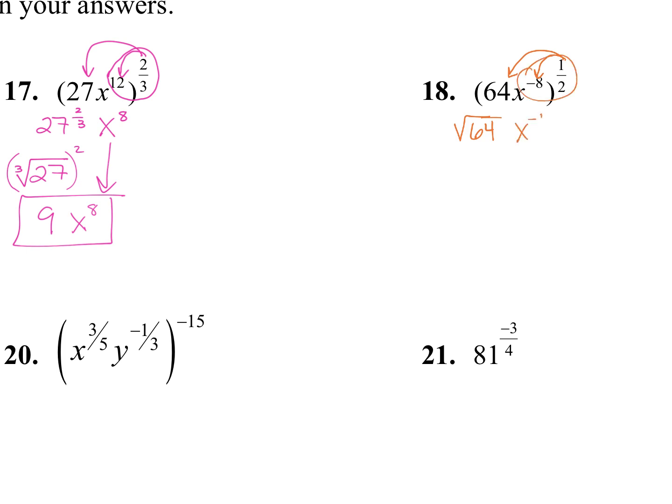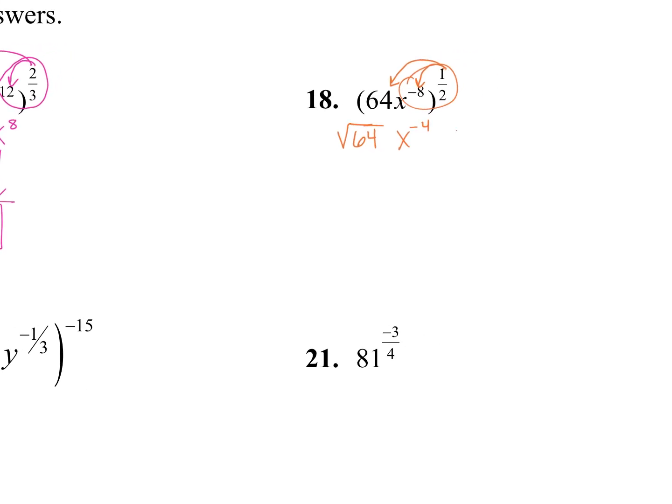So that's x to the -4th. What does that become? 8 over x to the 4th, right? If it's a negative exponent, move it to the other spot. If it's a numerator, make it a denominator. If it's a denominator, make it a numerator, okay?